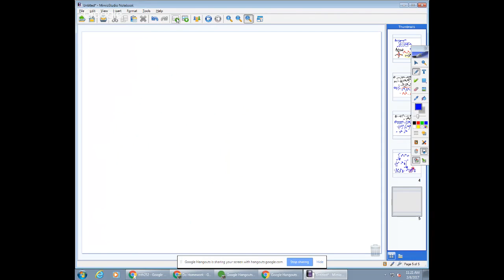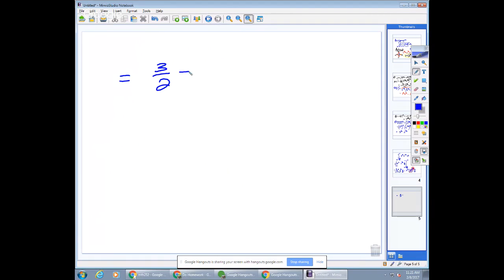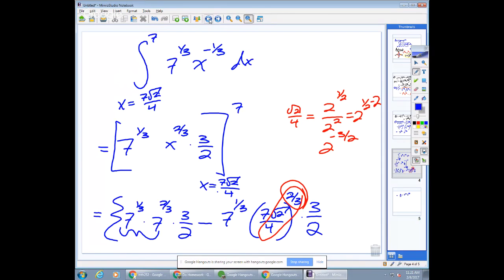So new page. So I've got my 7 to the 1/3, 7 to the 2/3. That's a 1 times 3/2. So that leading part is just 3/2, right? And then in the next part, I'm going to have 7 to the 1/3 times 7 to the 2/3. And then my claim is that square root of 2 over 4 is really 2 to the negative 3/2.